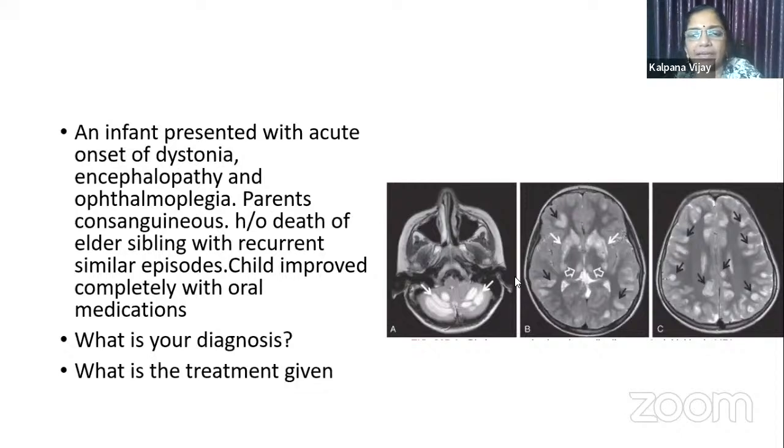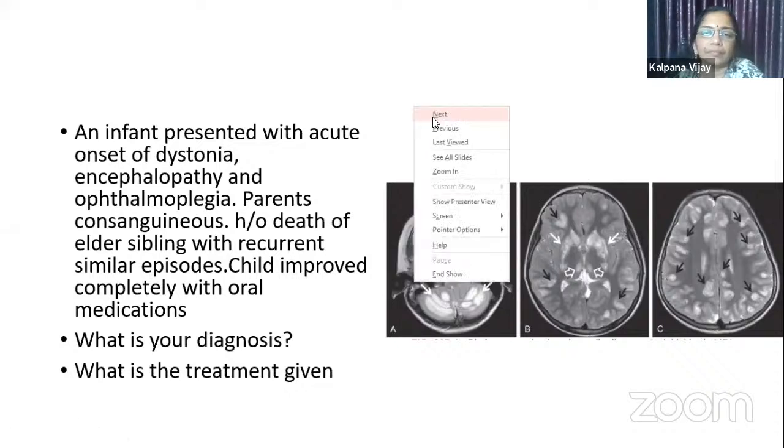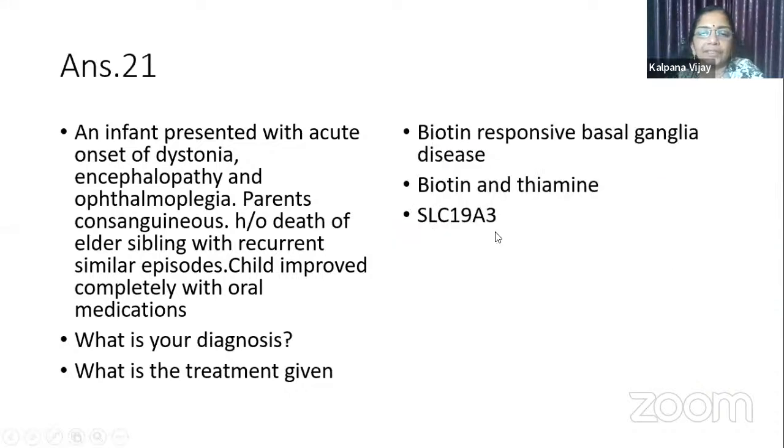This picture is there in Nelson, so there is a possibility that it can be asked in the exam. The gene is SLC19A3. Biotin responsive basal ganglia disease, we call it BBGD, and it is treated with biotin and thiamine, and the gene is SLC19A3.